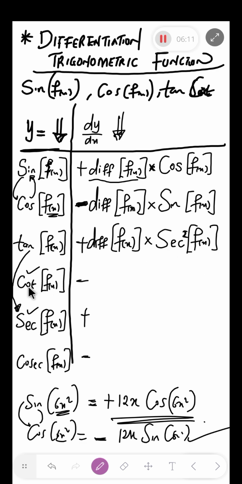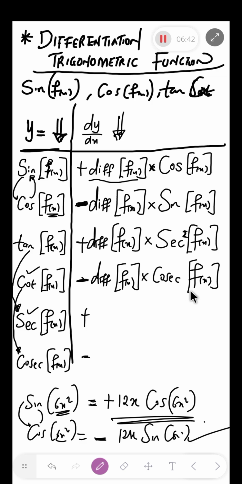So what of cot f of x? This cot f of x simply implies a negative sign, according to the signs that we have here. You need to differentiate that function first. For everything, at first you need to differentiate first. So for cot, you need to skip a line, skip that sec f of x, and come to cosec f of x times cosec f of x.